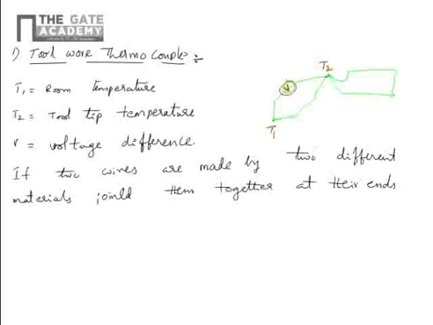If you look at the diagram, this is one end, and this is the other end. At their ends we are joining the two wires, wire A and wire B. At the two junctions, two different temperatures are maintained.